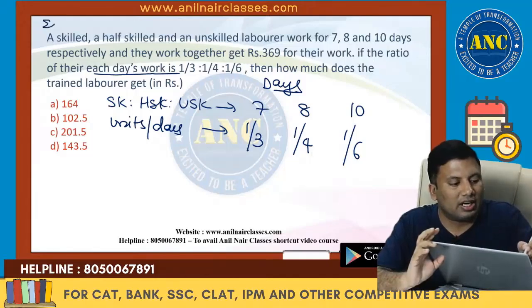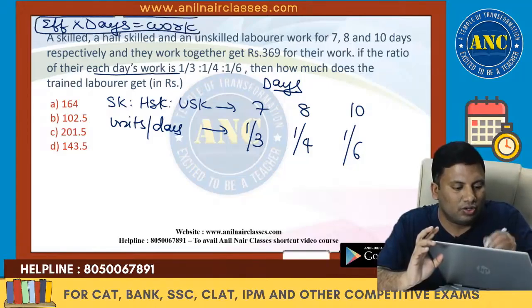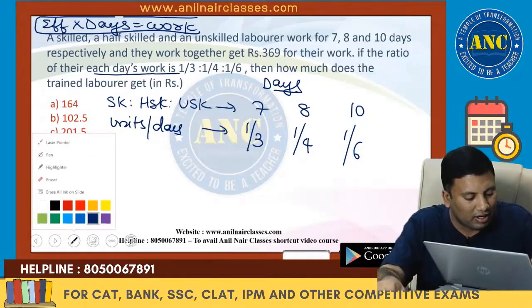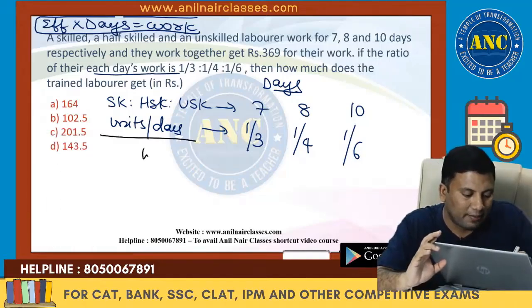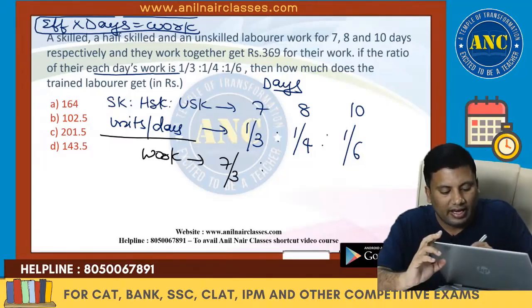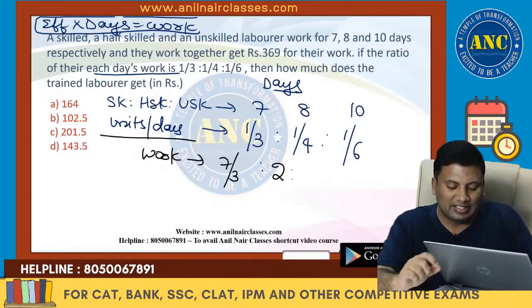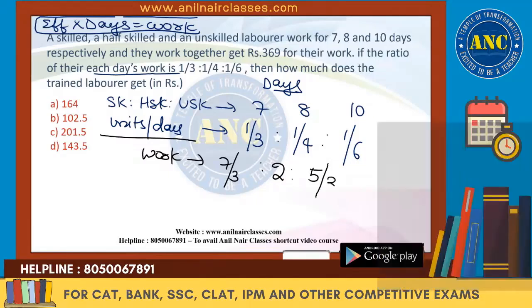We all know that efficiency into days is nothing but work. So let us see the total work. Total work is nothing but 7 into 1/3, 7/3. 8 into 1/4, it is 2. 10 into 1/6, it is nothing but 5/3.